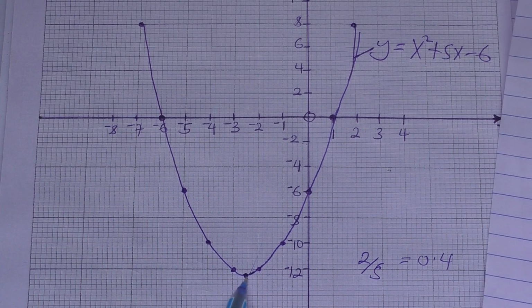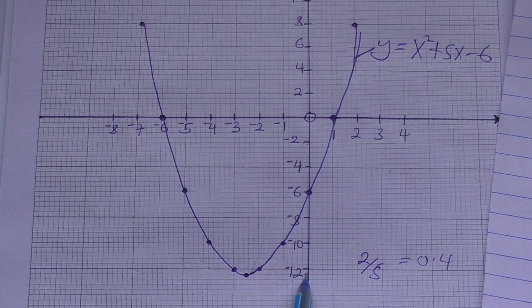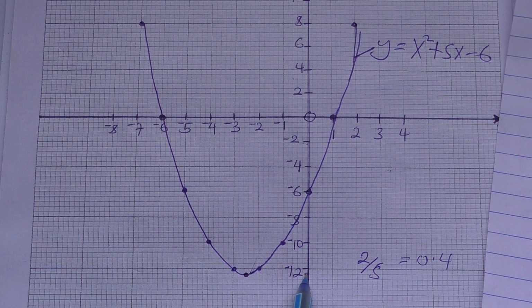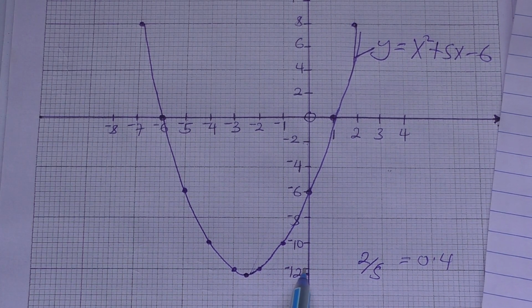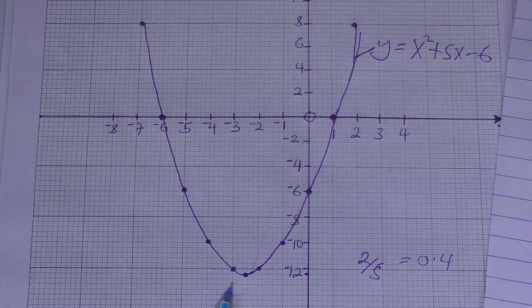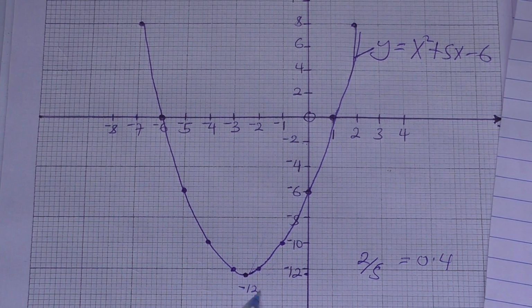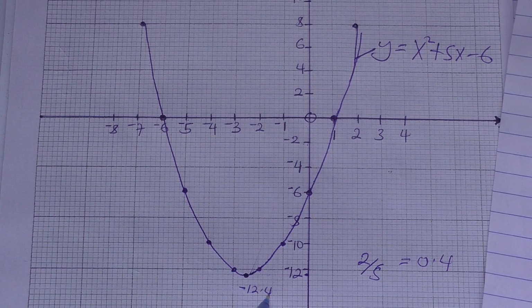According to my curve, it has taken 1 more box from negative 12, meaning this is at negative 12.4. That's the y coordinate.